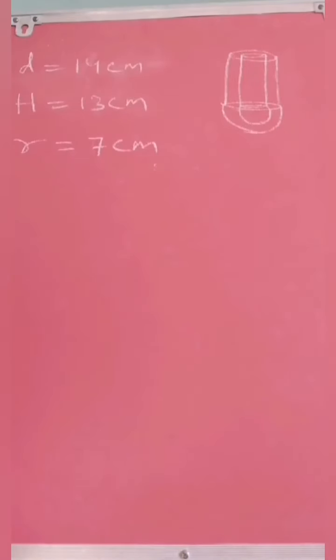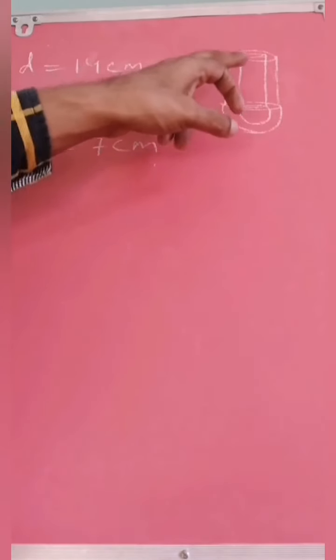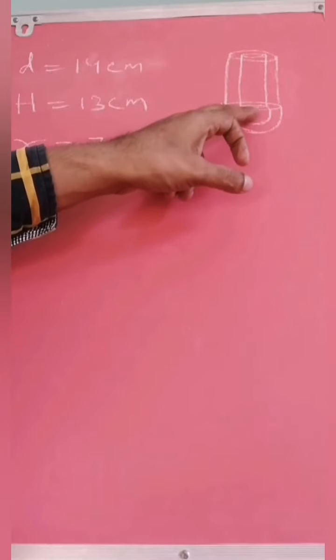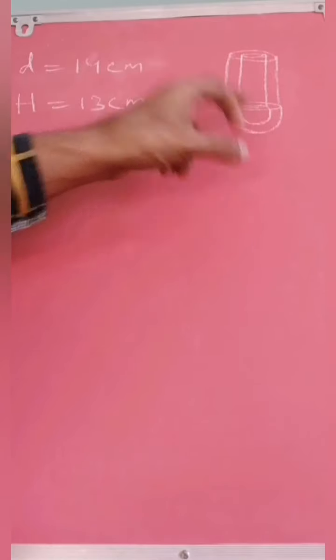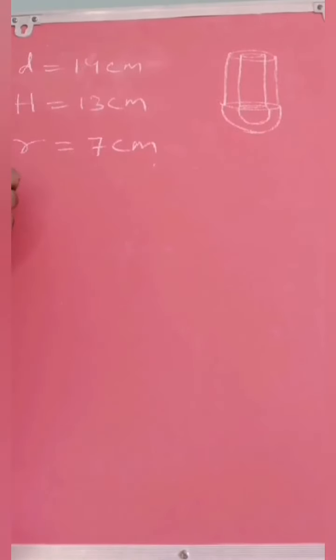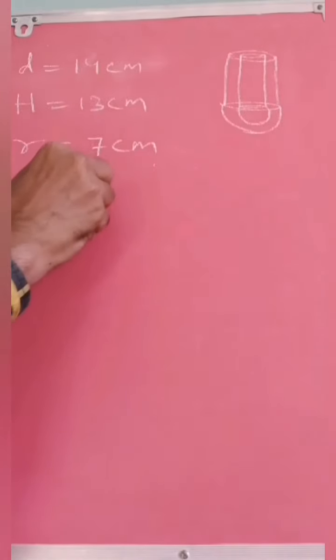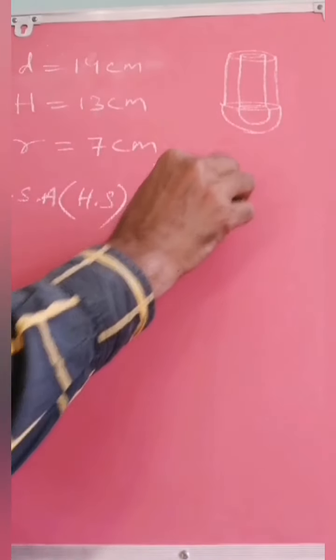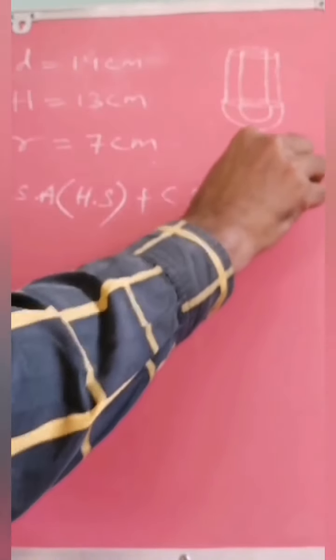It is the question. So for that, our radius is given as 7. So the inner surface area of the container means you have to find the curved surface area of the hemispherical part plus the inner curved surface area of the cylinder.